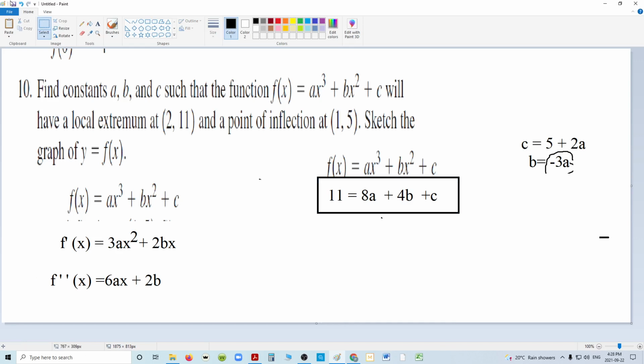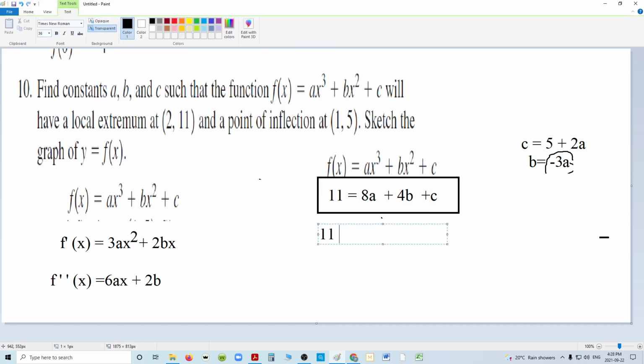So I'm going to do that. Wherever I see c here, I'm going to put in this formula, and wherever I see b, I'm going to put in this formula. So I'm left with 11 is equal to 8a plus 4 times my new b, which is minus 3a, because you're allowed to use an equation over and over again, and I'm going to put in my new c, which is 5 plus 2a.